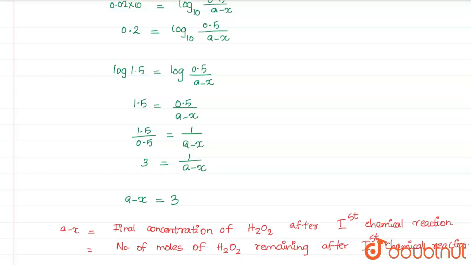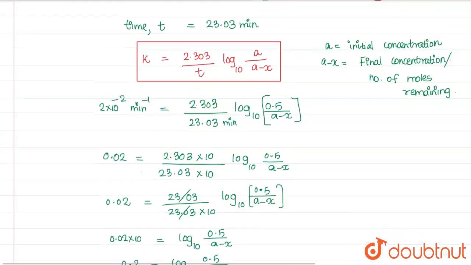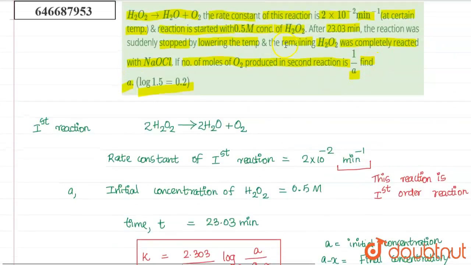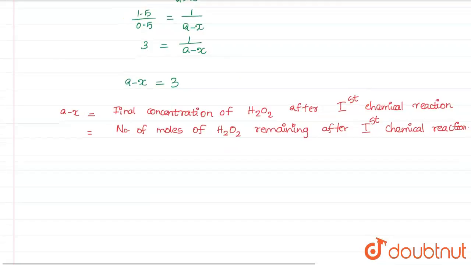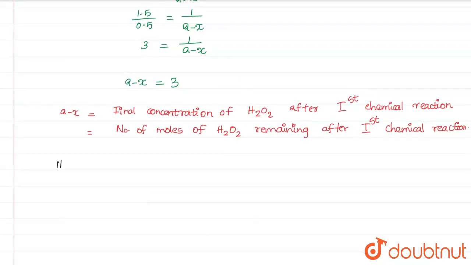Okay. Now let us write the equation for second chemical reaction. The second chemical reaction says that the remaining H2O2 was completely reacted with NaOCl. So let us write the equation for that. So here H2O2 is reacting with sodium hypochlorite, which will give one H2O plus NaCl plus O2.